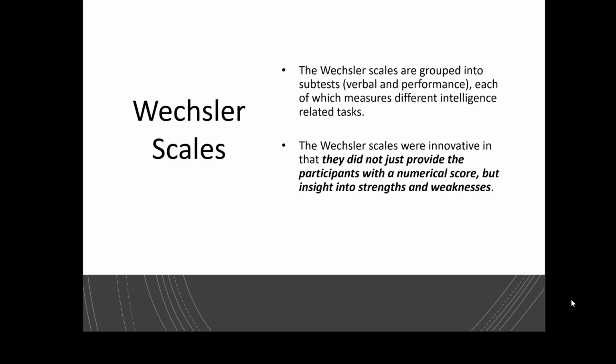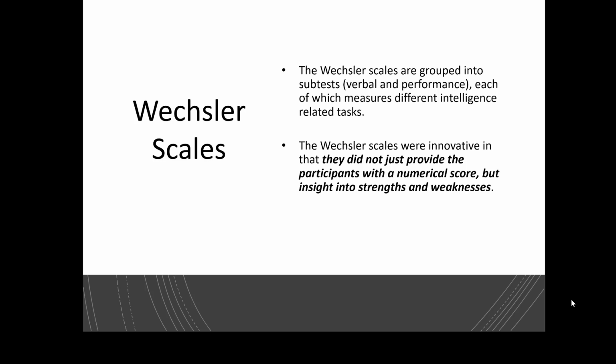David Wechsler developed various intelligence tests for children, the WISC, and for adults, the WAIS, based on the methods of this deviation IQ, which means how many points you are above or below 100, which is the average or midpoint where the majority of people will fall. The Wechsler scales are grouped into subtests, verbal and performance subtests, each of which measure different intelligence-related tasks.